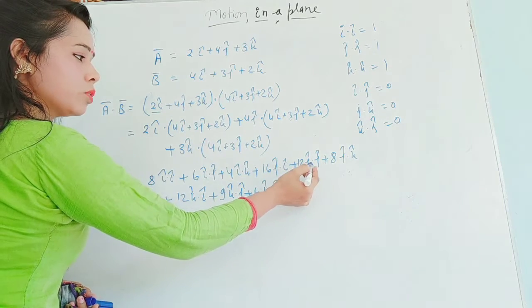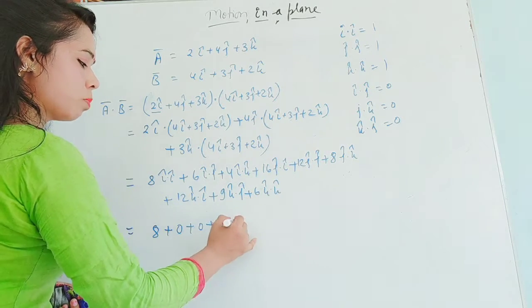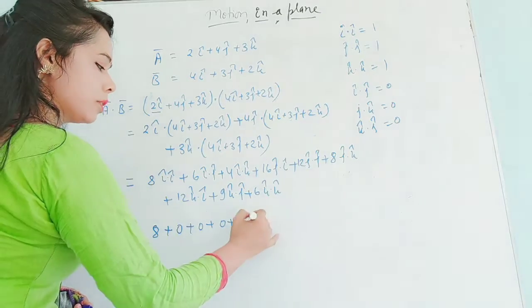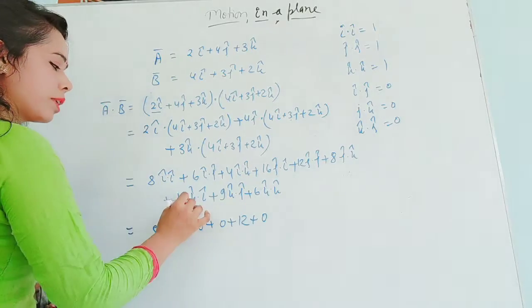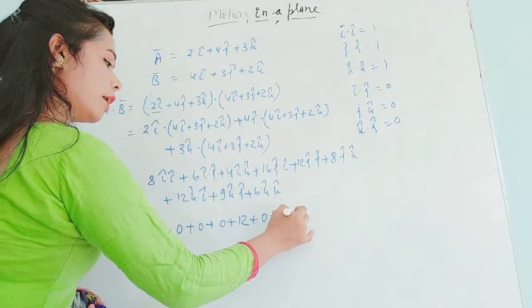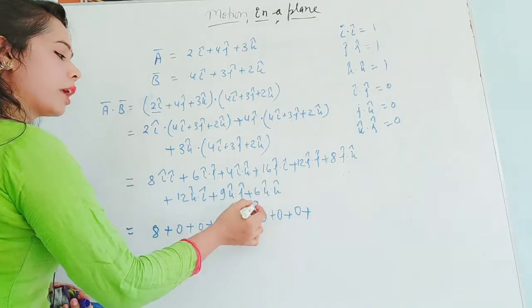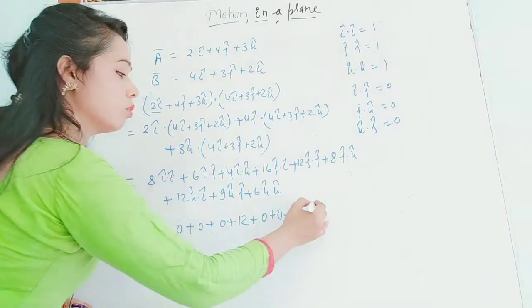Then 12 into j dot j, since it is the same, j dot j is 1, so plus 12. j dot k is different, so that will be 0. Now k dot I, obviously 0, plus k dot j, again 0, plus k dot k, unit vectors of the same type, so you will write 6.